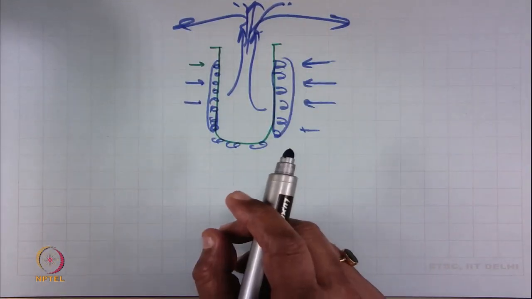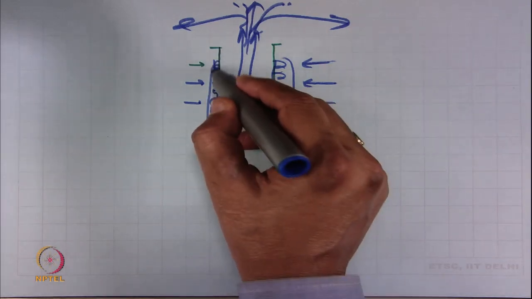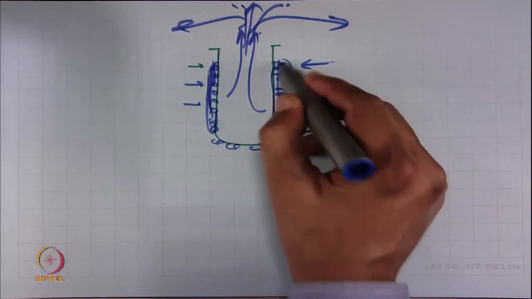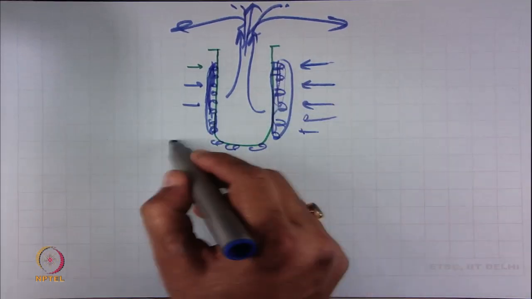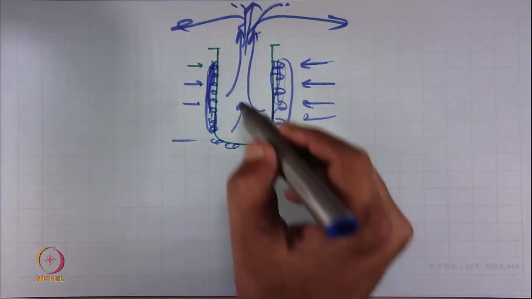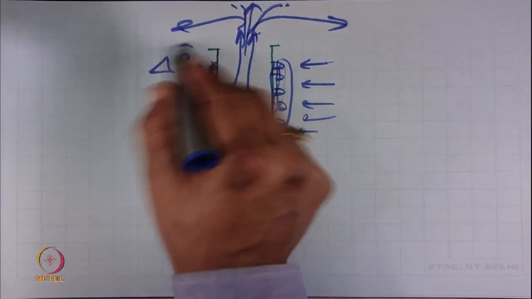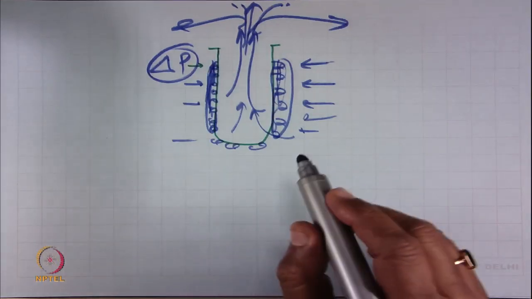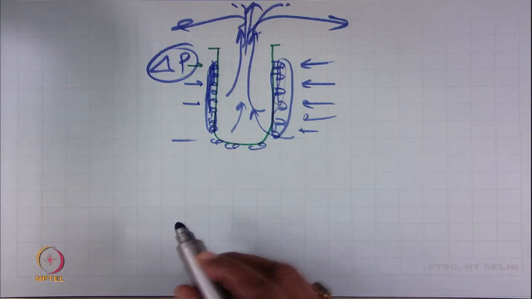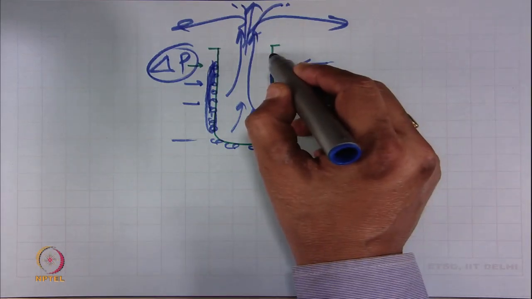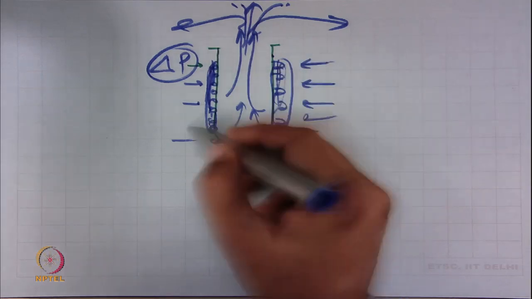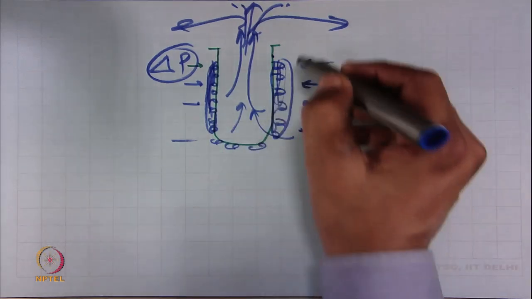After a certain time the outer surface will be loaded with particles, the air flow will be less and the pressure drop will be very high. So, either we can replace the filter medium or we can reuse it by cleaning.